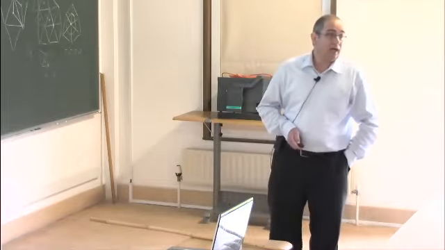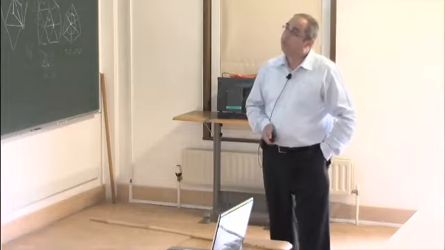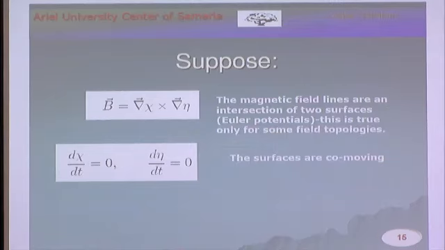Now, if you do that and you choose the surfaces correctly, you get B as grad chi cross grad eta. You cannot do it for any topology, so this restricts the topology that I'm going to discuss. Those are also called Euler potentials by some authors.